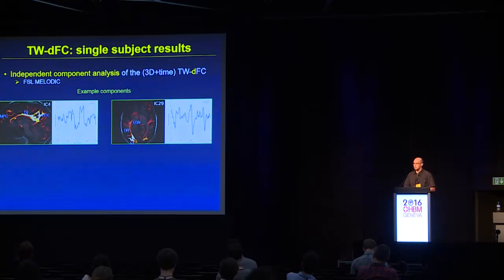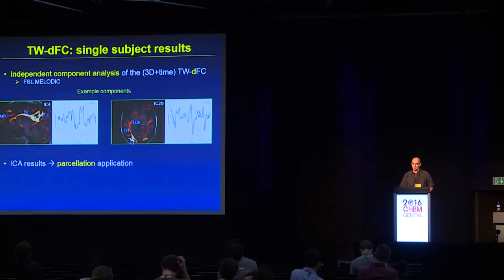And the one on the right is the visual network. So we have the optic radiation connecting the lateral geniculate nucleus with the primary visual cortex. And again, the time course that you see there will be the changes over time of the correlation between those two areas that we are mapping in that pathway.